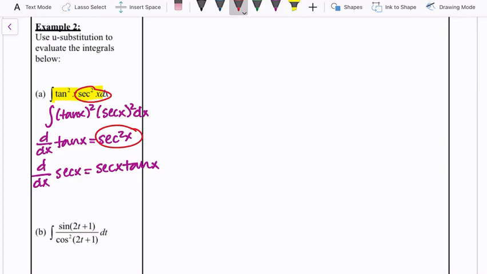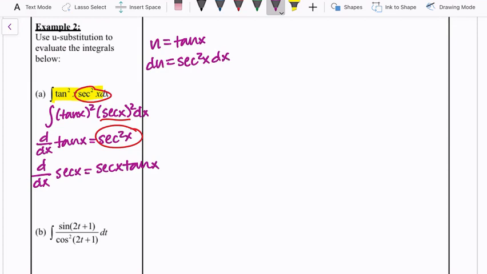I see that it's going to be tricky to do if we chose secant, because that would already be our secant squared, but I'd need another secant in there, so I could have secant tangent. It's just not going to end up working out. So that means that our u for a is going to be tangent of x, and our du, therefore, is going to be secant squared x, and then I'm going to add on to that dx.